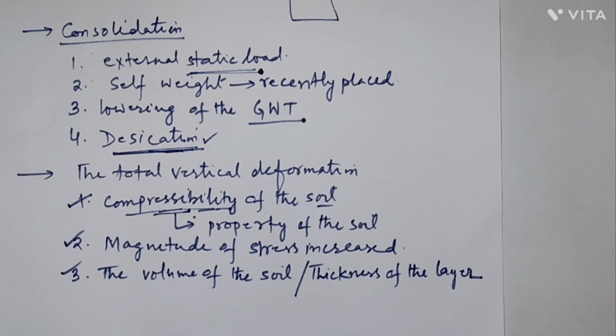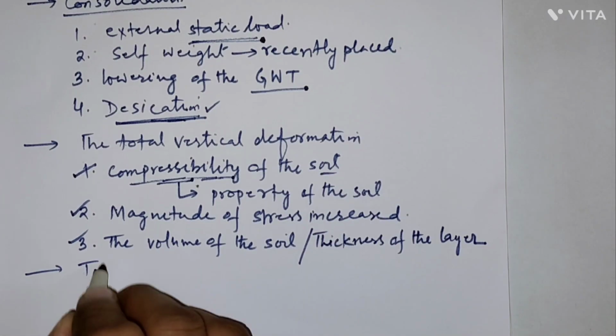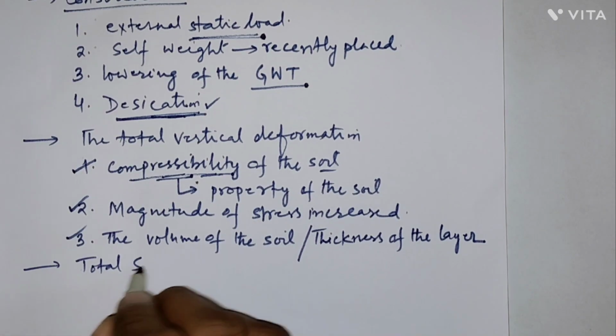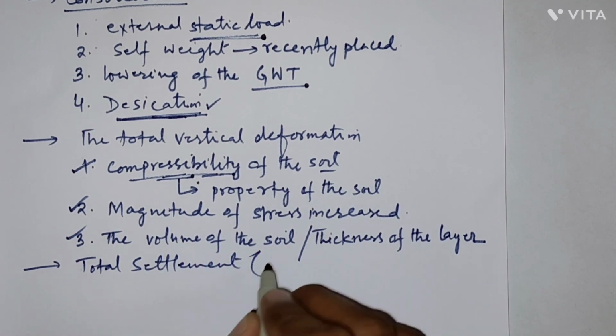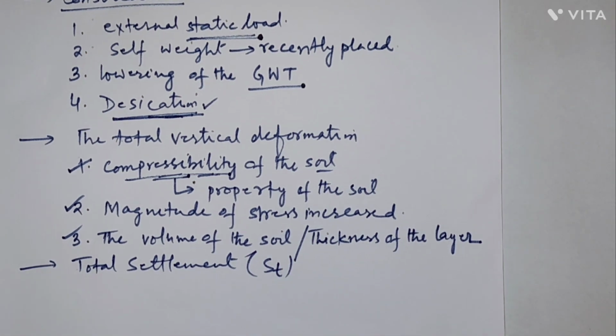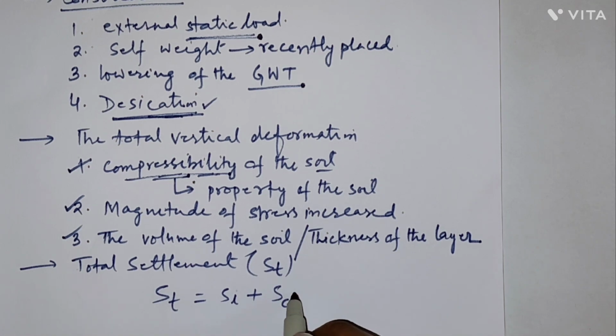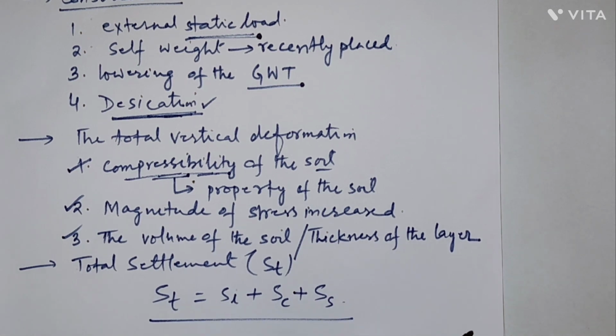And the total settlement after application of the load, if we take it as ST, it will be the summation of SI, that is immediate settlement, SC, primary consolidation, and SS, that is secondary consolidation.